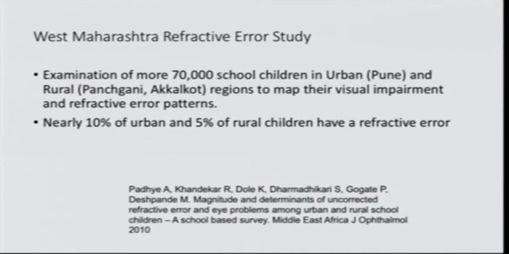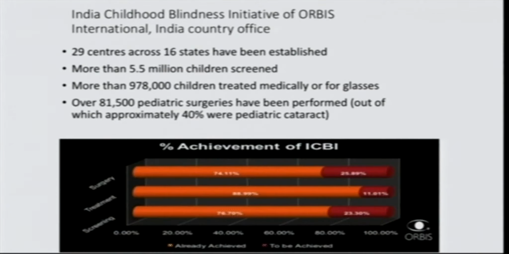We had done a study in Western Maharashtra when we had examined more than 70,000 children almost a decade ago, and there we had found that nearly 10% of urban and 5% of rural children had a refractive error. This was partly done in the Satara district and partly in the Solapur district.